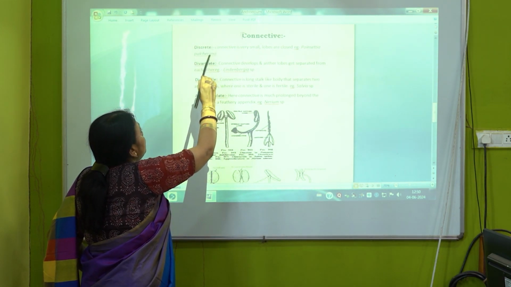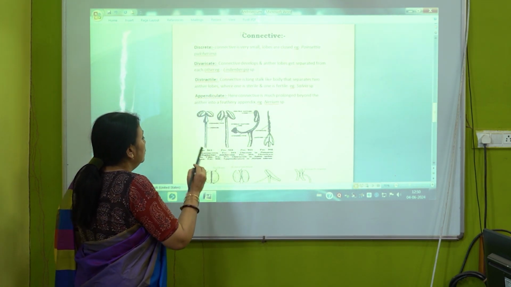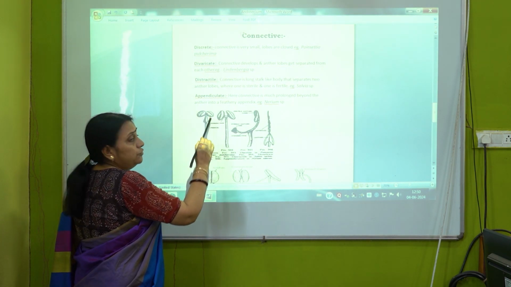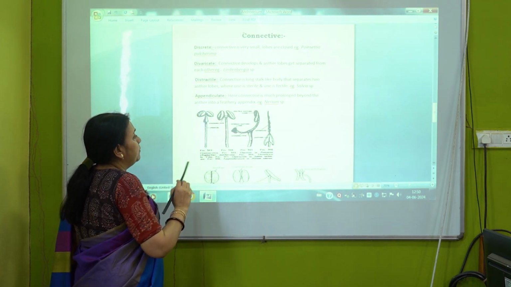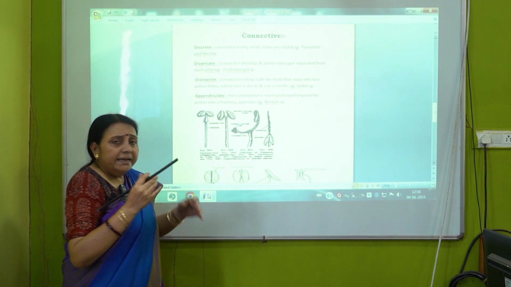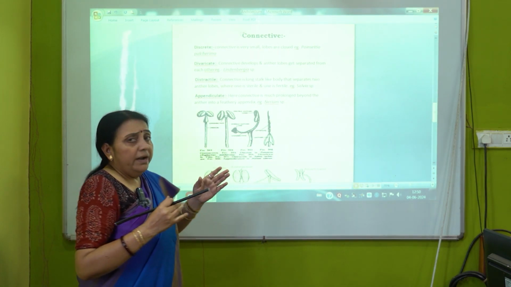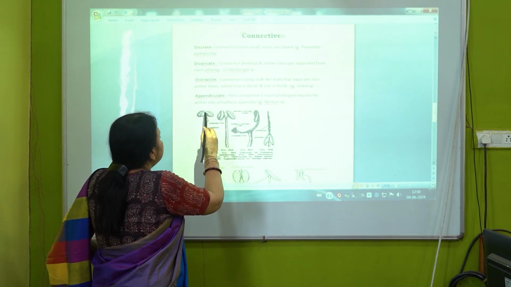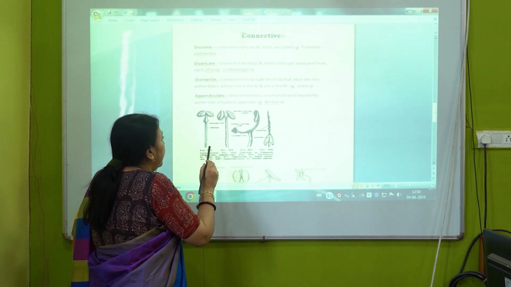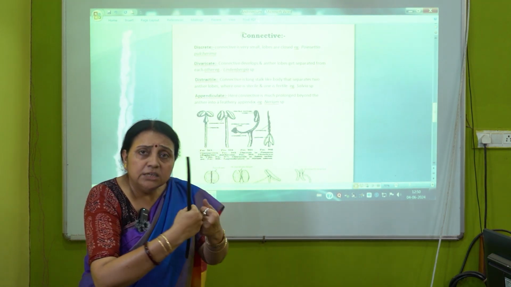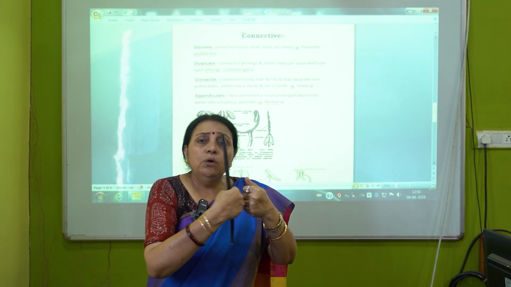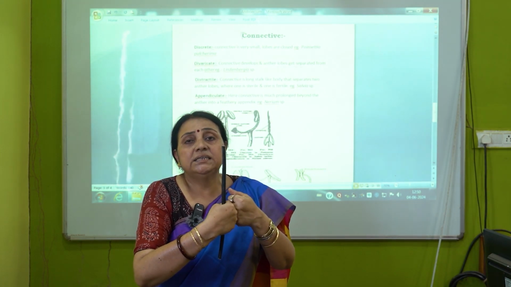The first one is the discrete. If you notice the first figure, that is the discrete type of anther. In this case, the connective is not found at all, or not well developed. The anther lobes are just attached to each other without showing any connective tissue.